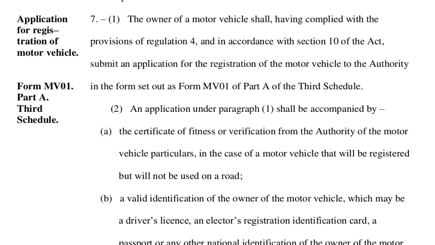Subsection 2. An application under paragraph 1 shall be accompanied by. So these are the documents that you must carry with you when you're going to register the vehicle. A. The certificate of fitness or verification from the authority of the motor vehicle particulars in the case of a motor vehicle that will be registered but will not be used on a road.